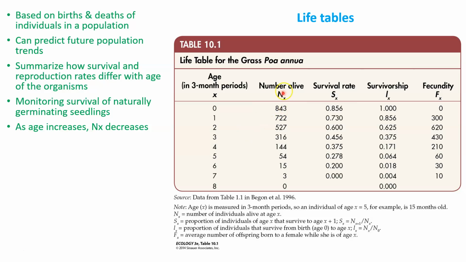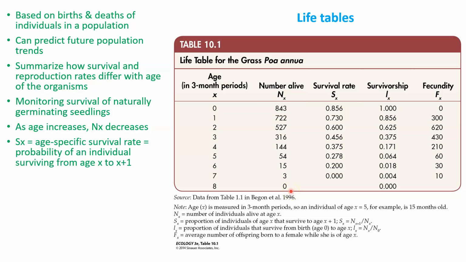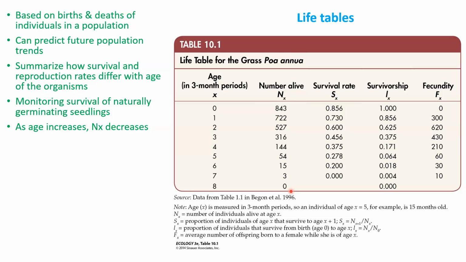Okay, and then the next column is number alive. Number alive corresponds to the actual number of individuals that are alive, that are present in each age class, that complete that particular age class, right? Over here at age 0, at the very beginning of monitoring of this grass population, there were 843 individuals to begin with, right? And when that population reaches 3 months in age, you only have about 722 individuals surviving.